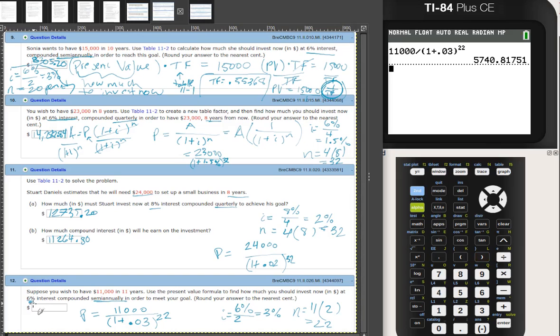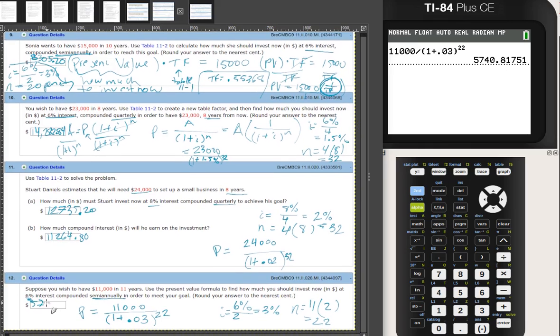So you will need to invest this much, $5,740.81. We will round because it goes 81, but then it's a 7 after the 1, so it should go 82 cents. And that's how much you will have to invest.